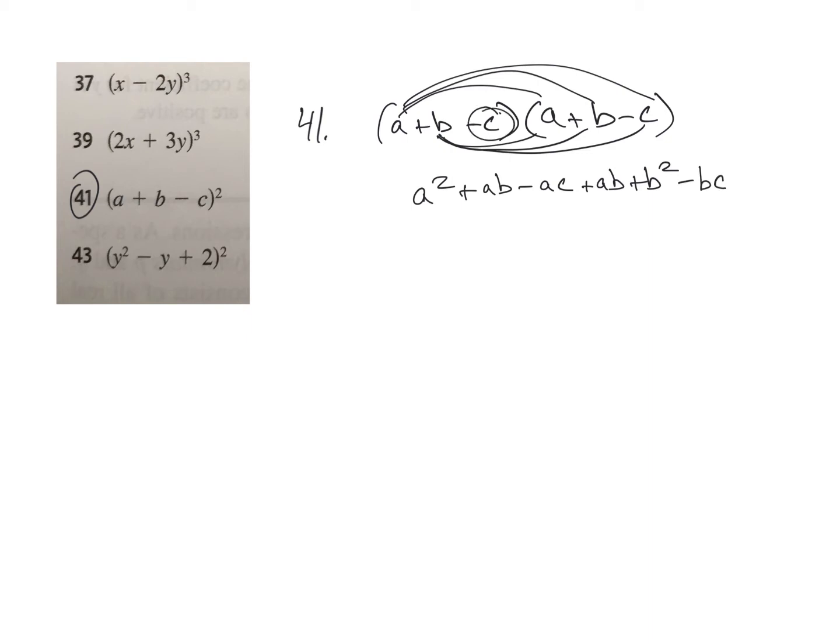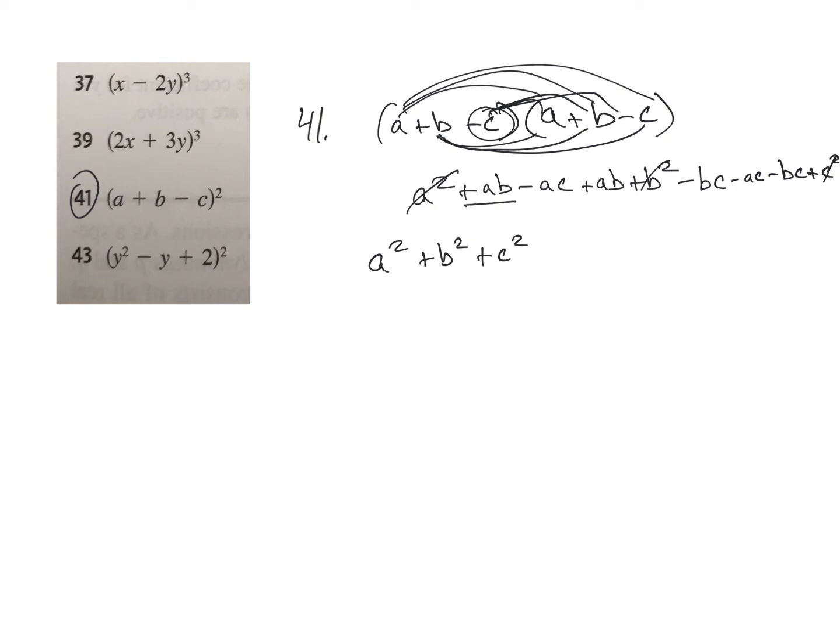And then the negative c, that's minus ac, minus bc, plus c squared. All right, so we have an a squared, a b squared, and a positive c squared.